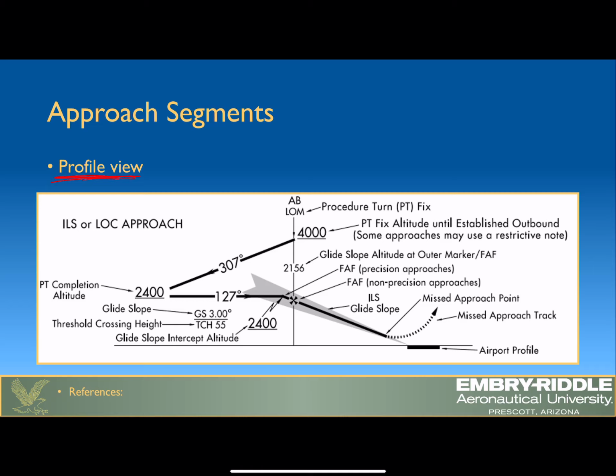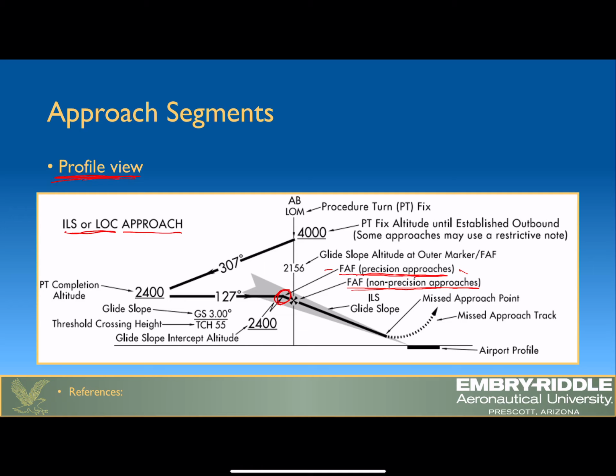So this is for an ILS or localizer approach. You can see some of the differences between the final approach fix for a precision approach and the final approach fix for a non-precision approach, and how they are distinguished. A final approach fix for a precision approach starts when you intercept the glide slope.